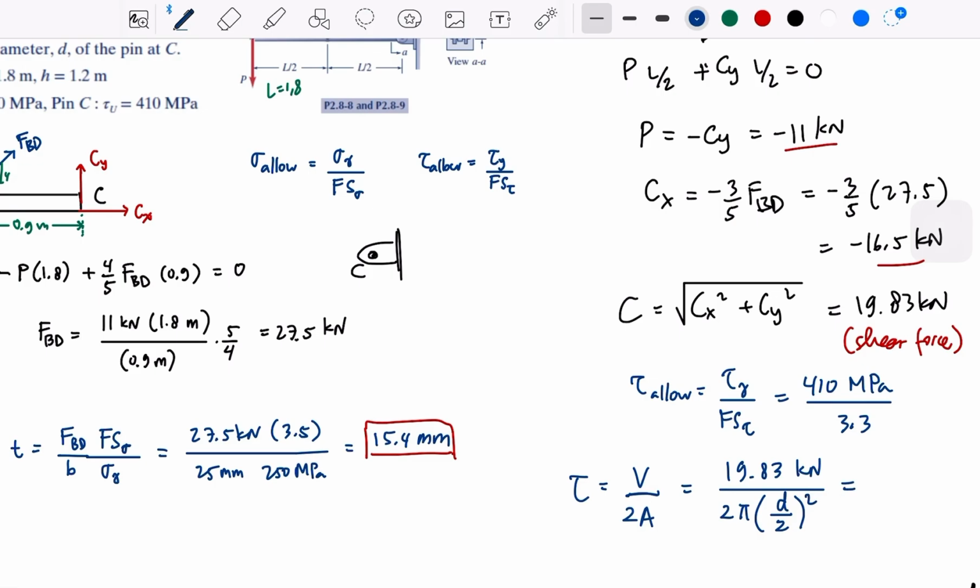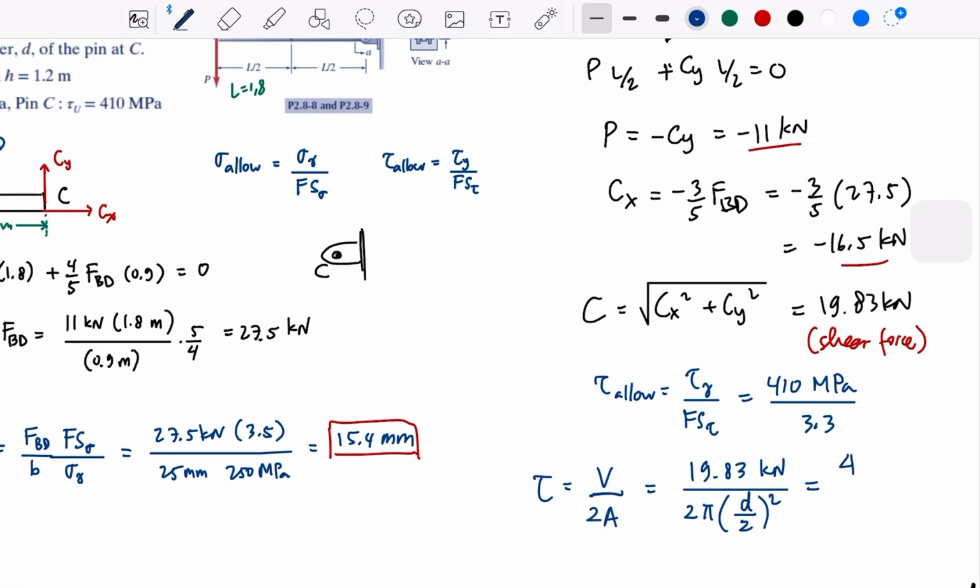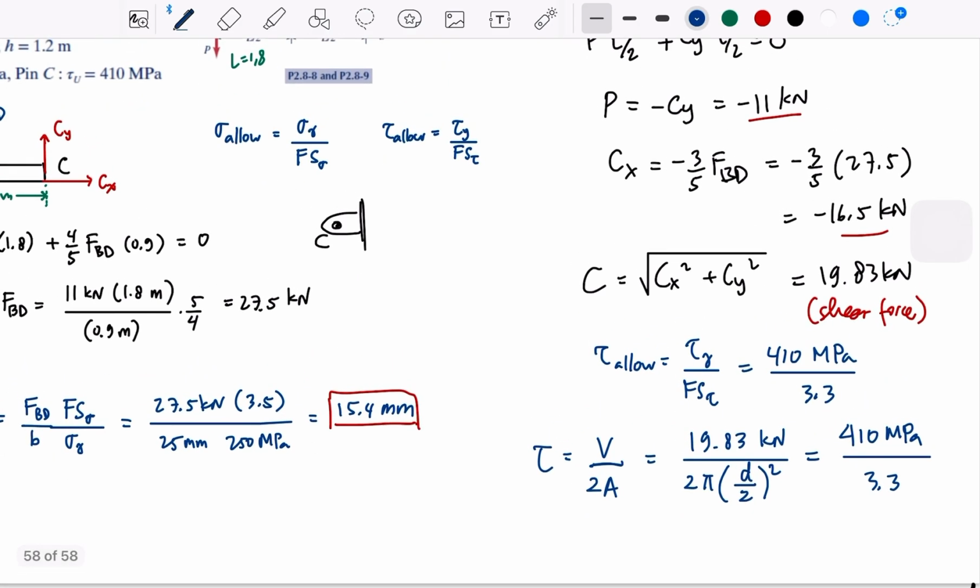This is equal to the tau allowable, 410 MPa divided by 3.3. So you need to find D. I hope you can solve this. Okay, just compute and you will probably find D, right?